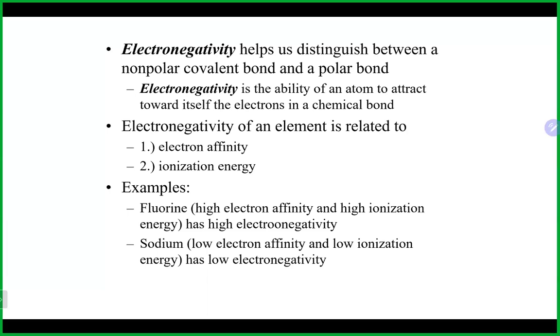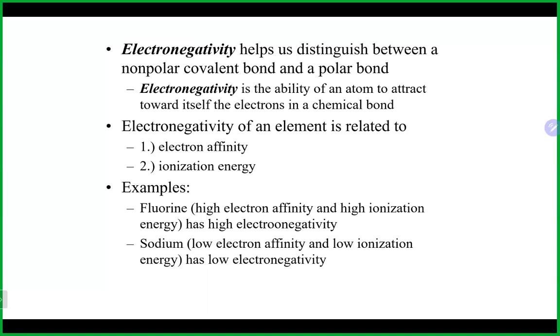You could technically use it, as we'll talk about, in an ionic situation. It's really not necessary because, again, you see that metal, nonmetal, it's ionic. So really here, we will use electronegativity in a lot of cases to determine how those electrons will be shared between the two atoms, and will they be shared equally or unequally.